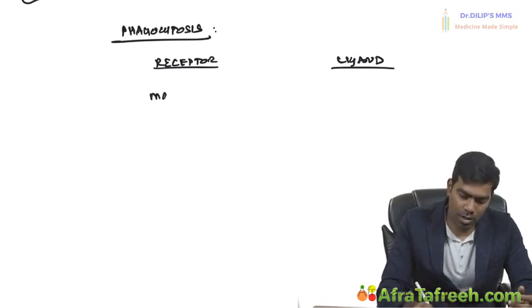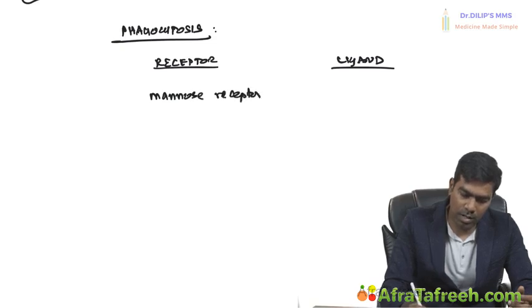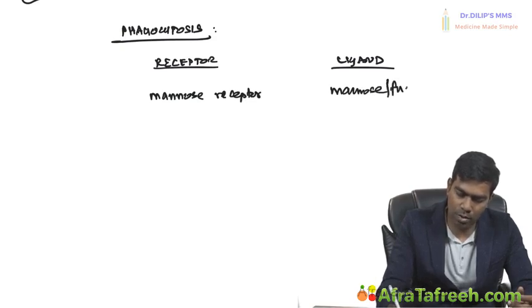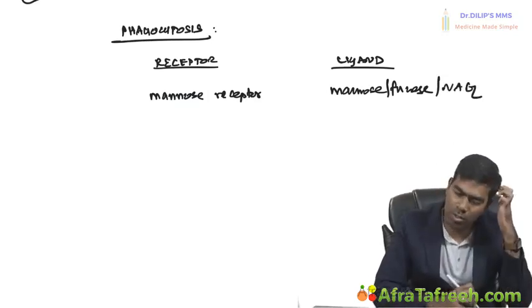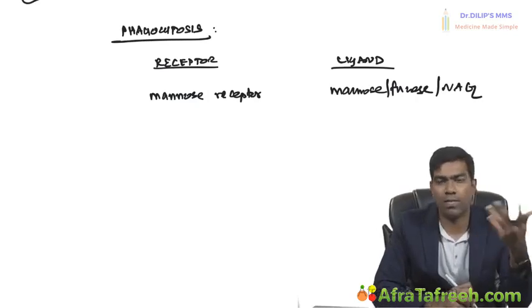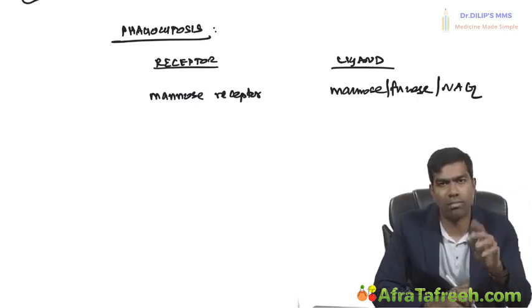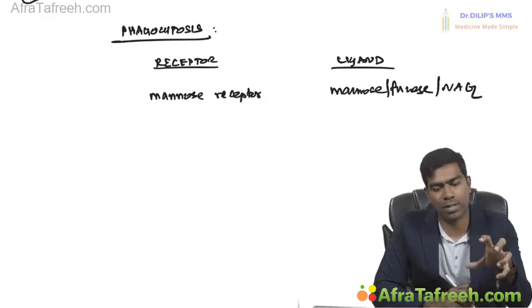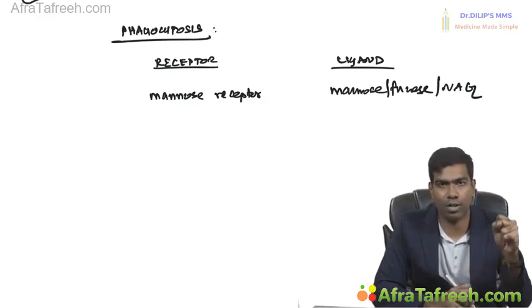You have the mannose receptor, which typically has ligands in the form of mannose, fucose, and N-acetyl glucosamine, NAG. All these things are present on the surface of the organism. These are some of the important receptors present in neutrophils that can identify the ligands, and if the ligands are present on a particular antigen, they are going to phagocytose them.